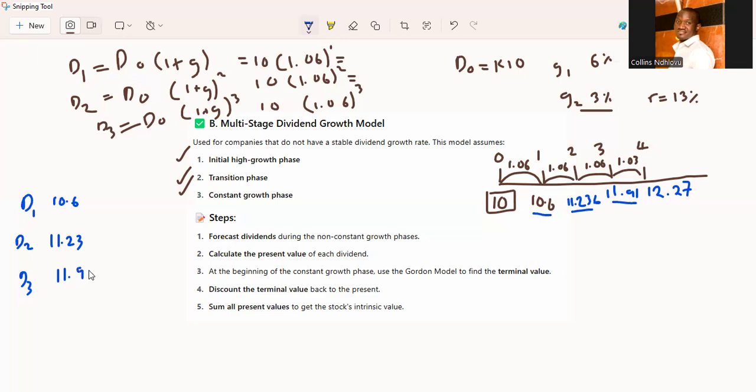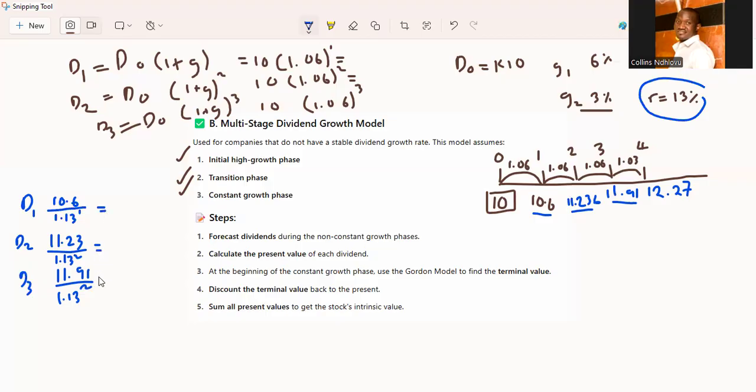To find the present value for each of these, we divide by, what is our discount rate? 13%. So this is 1.13 to the power 1, since this is for year 1. Here, 1.13 to the power 2. Here, 1.13 to the power 3. So that we find the present values for each of these dividends and we add them. This is the value of stock for phase 1.